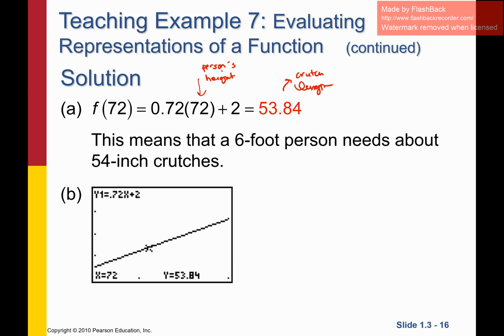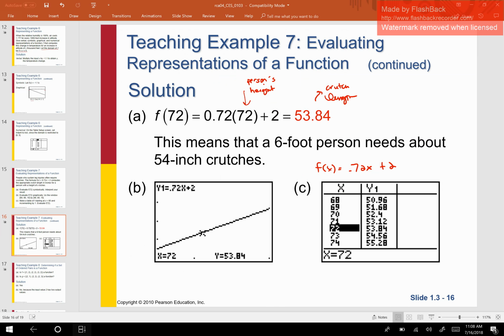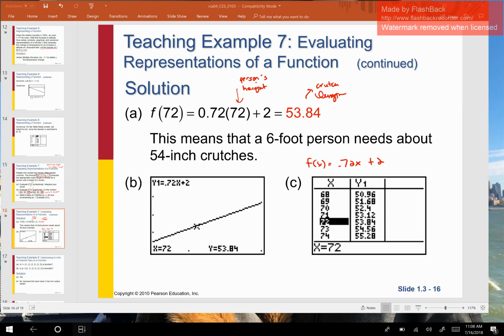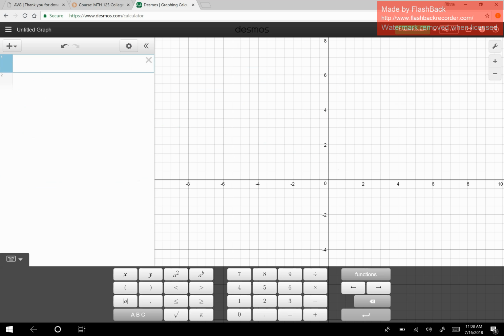So real quick, we're going to graph it. So again, the function is f of x is equal to 0.72x plus 2, okay? So let's come out of this again, and I'm going to keep going back and forth and graphing because it is really good practice.